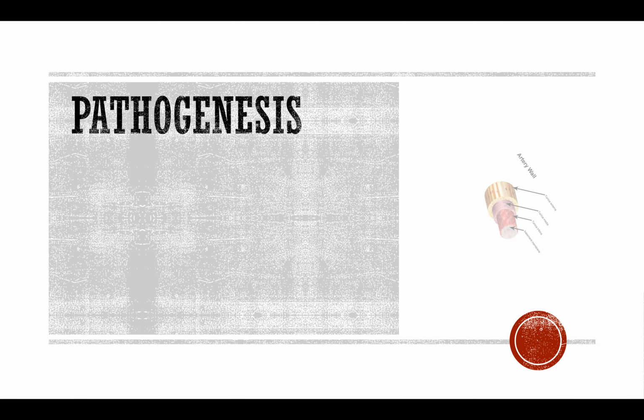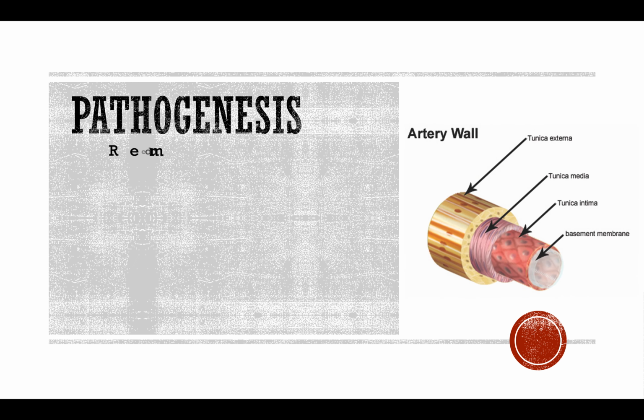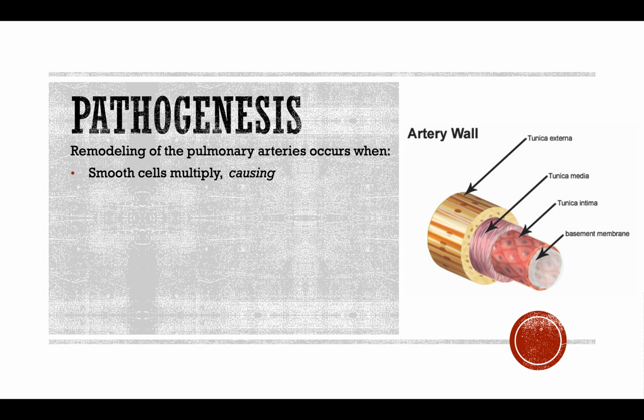So pathogenesis. So here, remodeling of the pulmonary artery occurs when? Now just for a brief overview, here's your basement membrane, here's the intima, here's the media, and here's the externa. This is what an artery looks like. And I think it's the same for an arteriole. Smooth cells, they multiply, causing the intimal lining here to thicken.